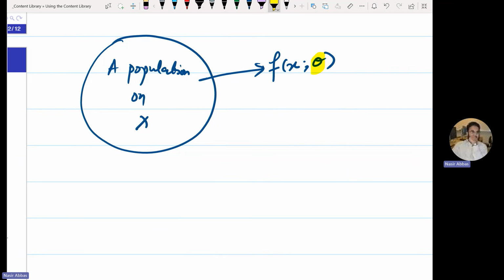Now, to estimate this mean, what do you do? Inside the population here, you have many values of X, maybe infinite values of X, right?